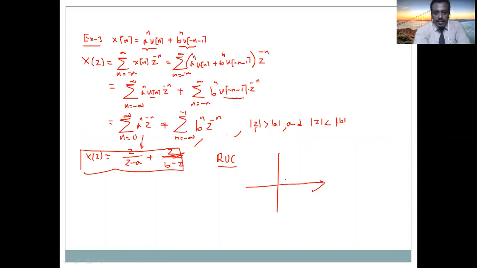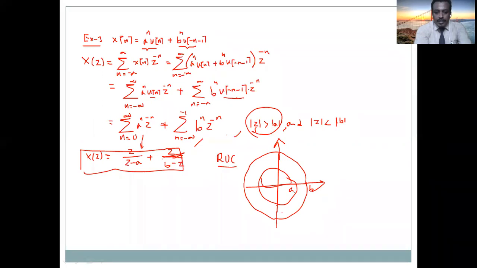The first one with radius A. Second circle with radius B. So you see the first one must be outside the circle with radius A, and the second one must be inside radius B. So what is the intersection region?